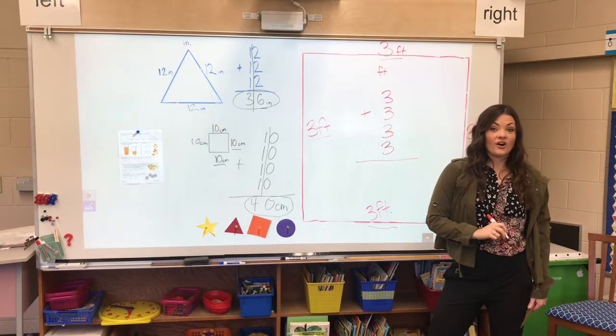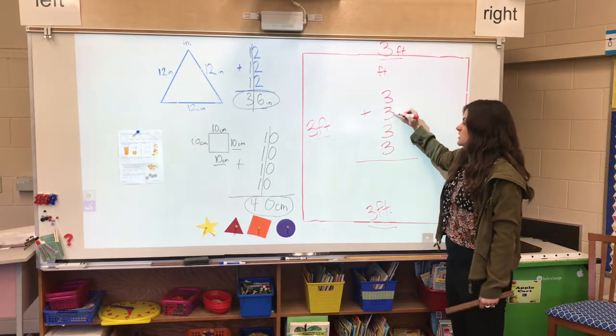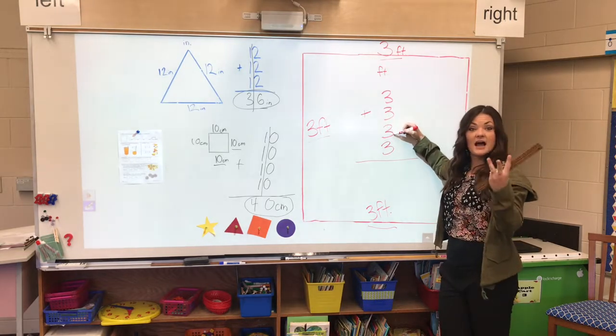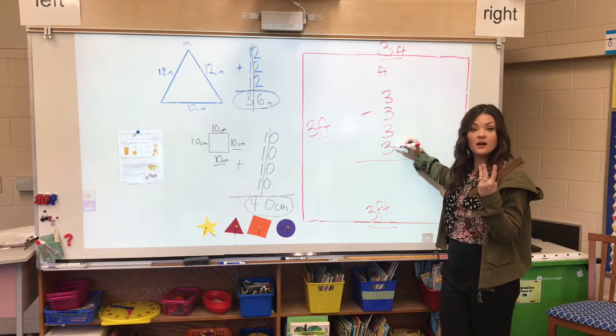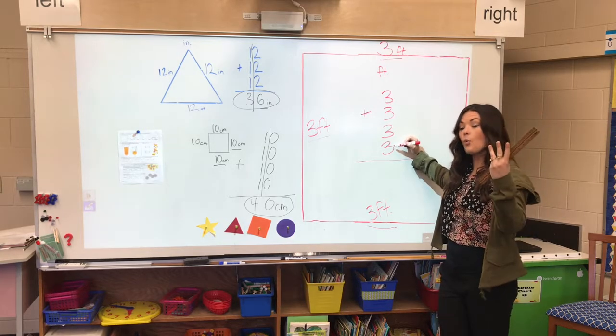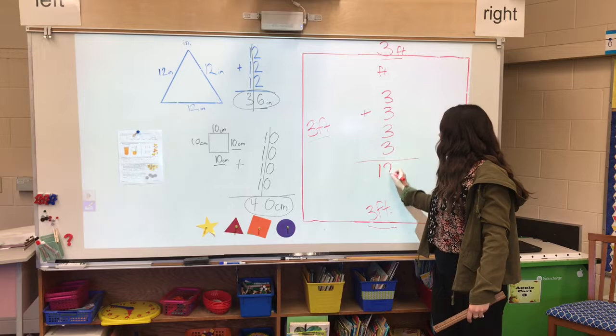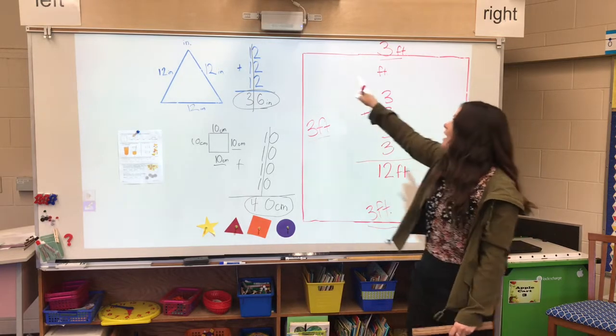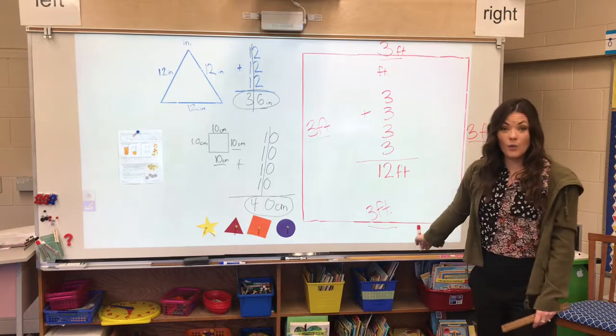Now we gotta figure out what our answer is. 3 plus 3 is 6, plus 3 more, 7, 8, 9, plus 3 more, 10, 11, 12. 12 feet is our perimeter going all the way around our square.